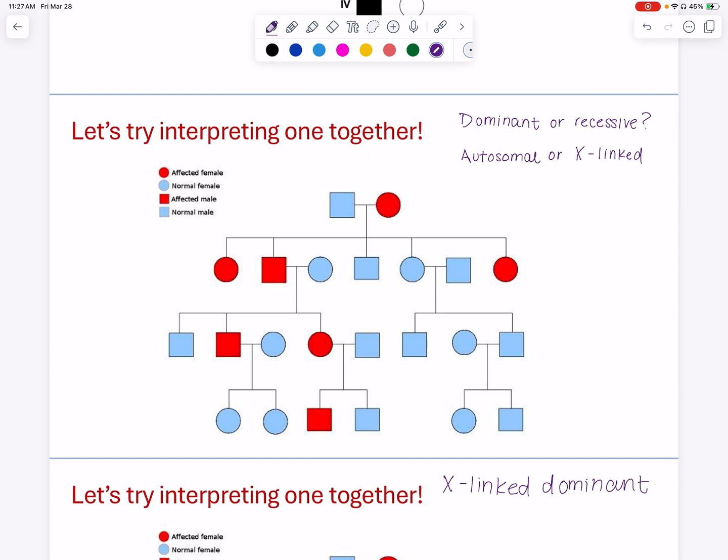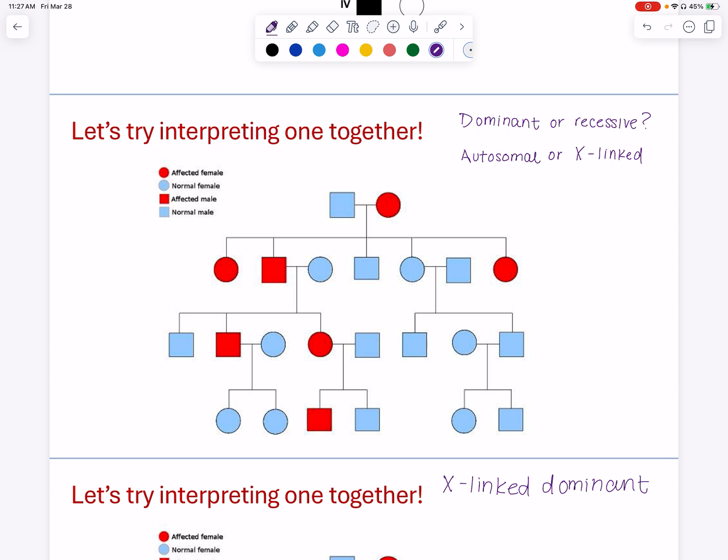Now, we are given a pedigree, as shown here, and we don't know how these traits are passed on to generations. It could be either dominant or recessive, and it could be either autosomal, meaning one of the normal chromosomes, or X-linked, meaning that it is present on the X chromosome.